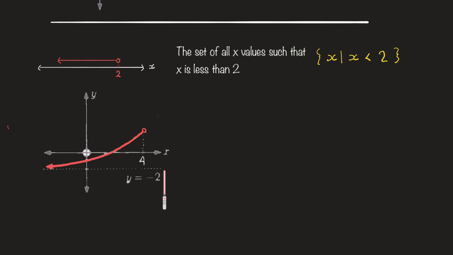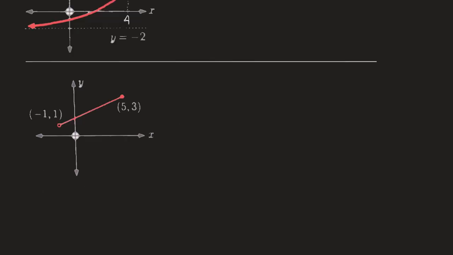That shows you the asymptote, and it has nothing to do with our set notation because it's on the y-axis, and we're only interested in the x-axis. So our notation will look like a brace, x is such that x is less than 4, and then we'll close the brace.